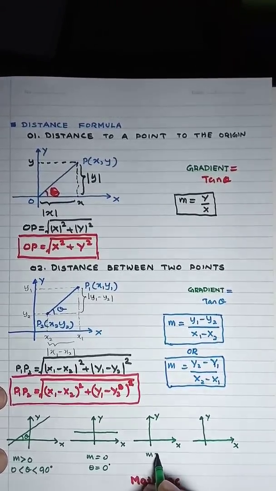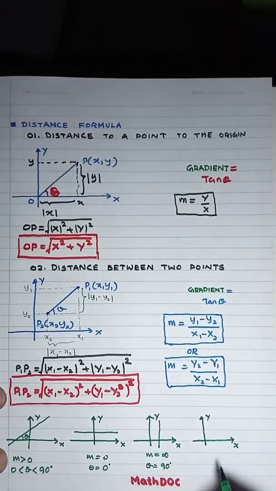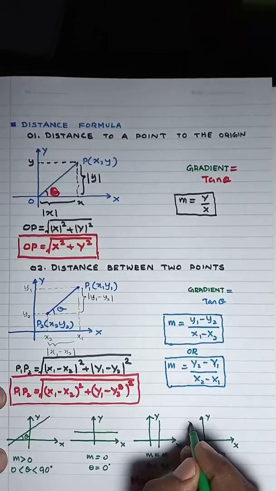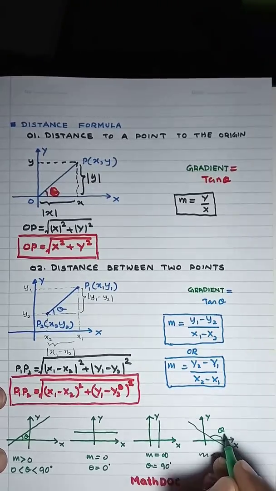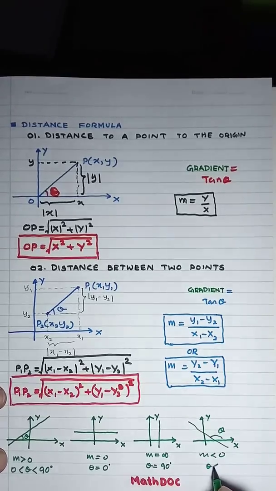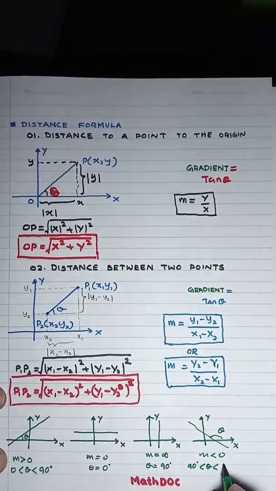When m equals infinity, the line is parallel to the y-axis, and theta equals 90 degrees. Then when m is less than 0, we take the angle theta here, and theta is between 90 and 180 degrees.